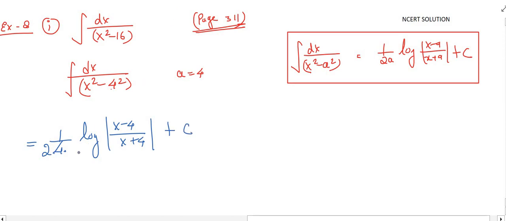And 4 into 2 we can write as 1 by 8 log of x minus 4 by x plus 4 plus c. Write down the next example.